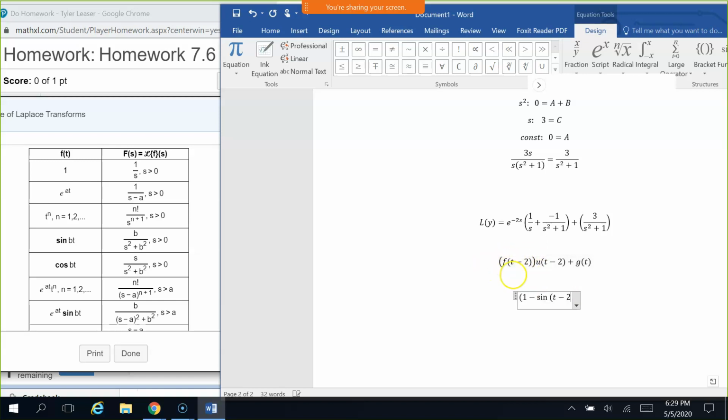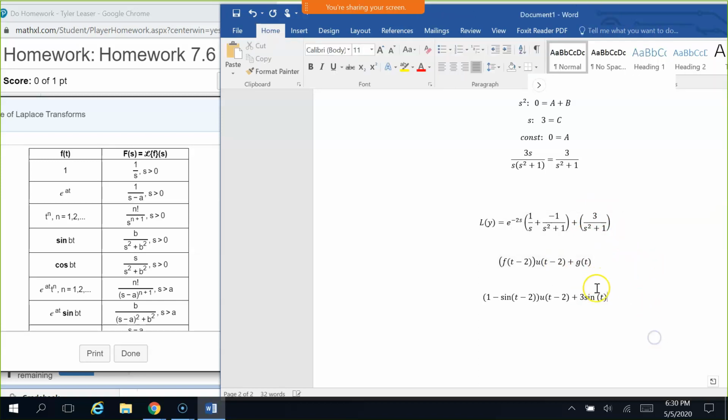We have to substitute in that t minus 2. That was times the u of t minus 2, plus, and then this last term, we pulled the 3 out, and then it was just a sine of t again. We do not have to substitute in the t minus 2 into this one, because this one did not have that e multiplied out in front.